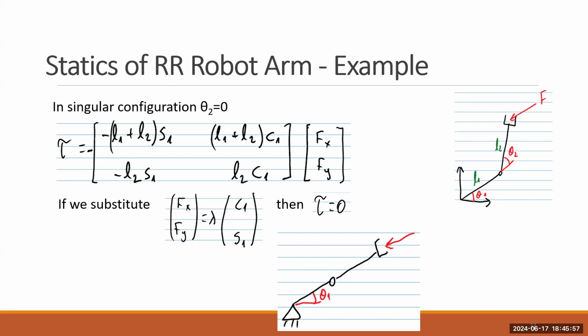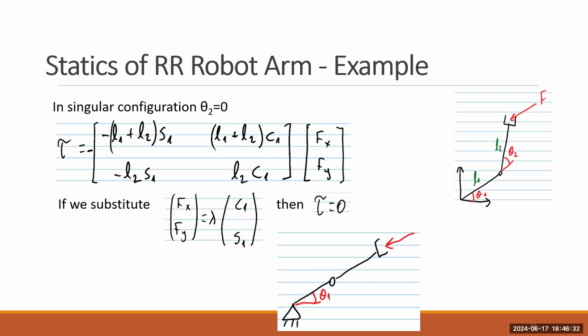Then what we get, if we substitute instead of Fx Fy, you can see that we get L1 L2 sine θ1 times cosine θ1, and we get this and this L1 L2 cosine θ1 times sine θ1, and this cancels out.